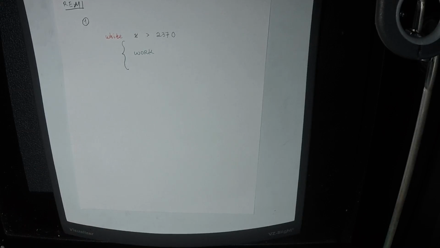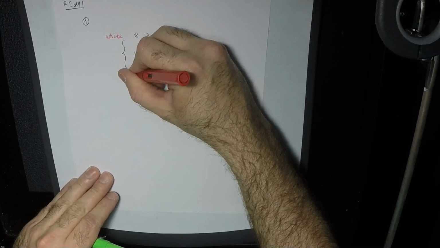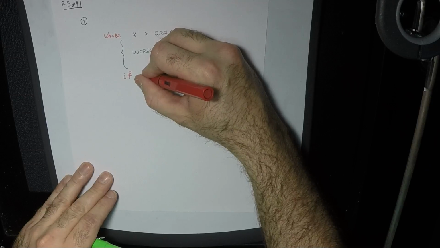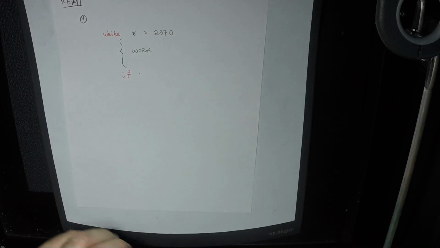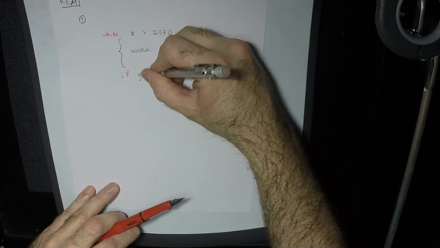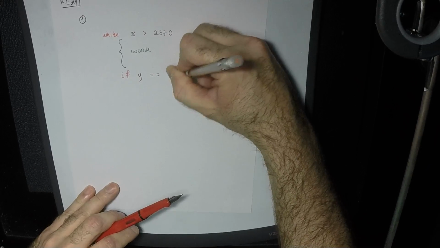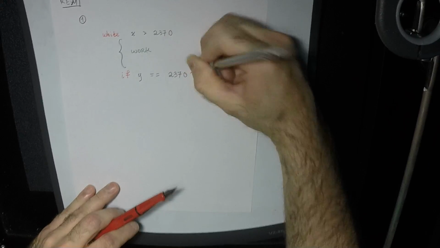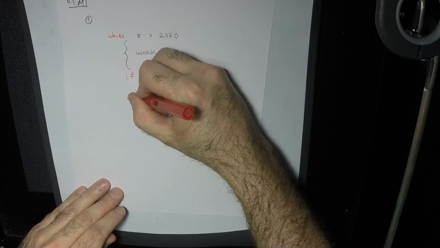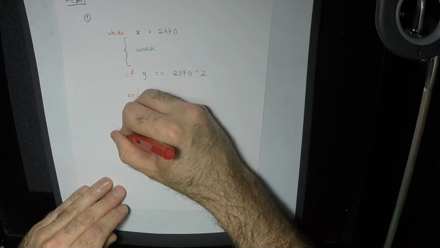Then you check something right here: if some other variable y, defined elsewhere, is equivalent to 2370 squared, we'll do something in that body, and then end.